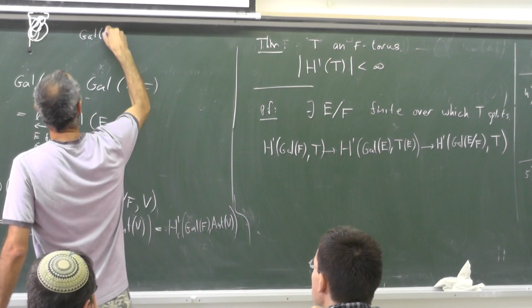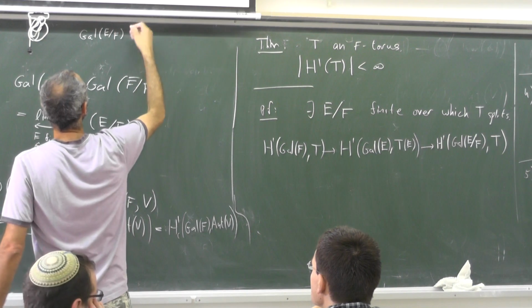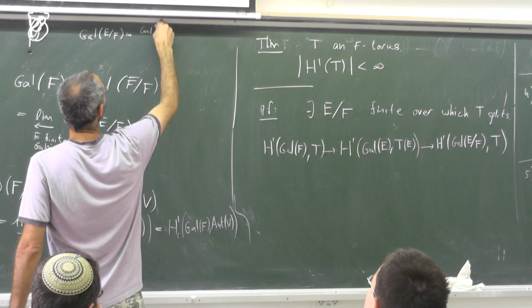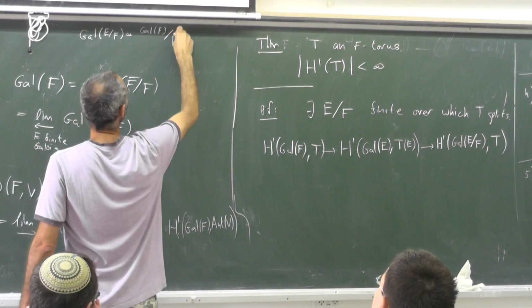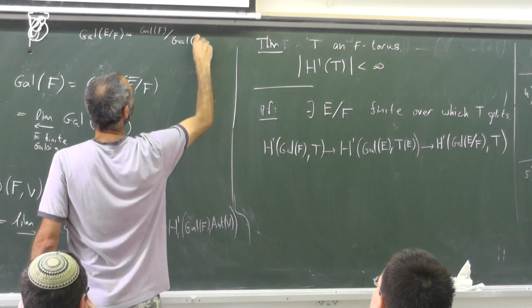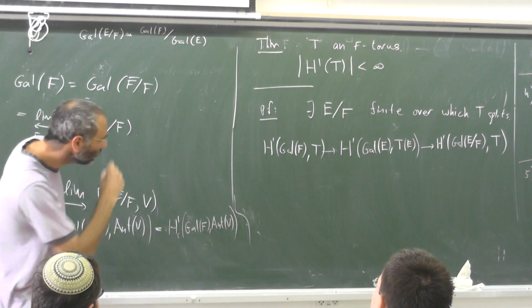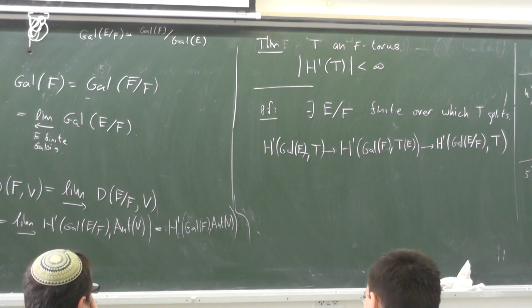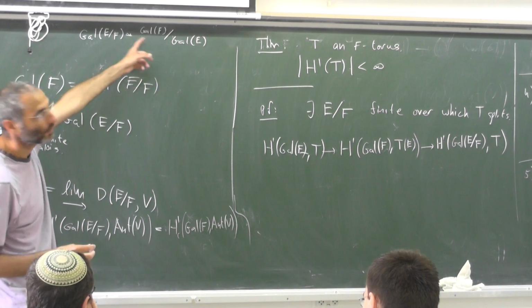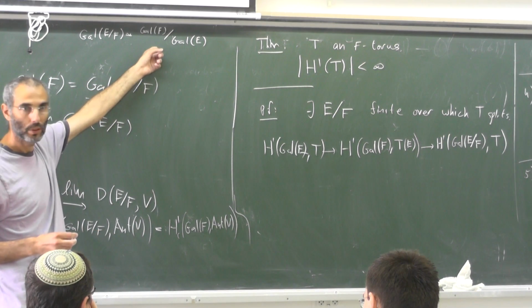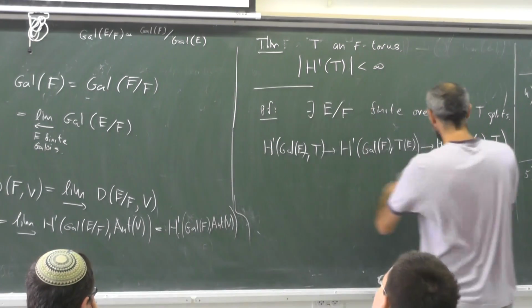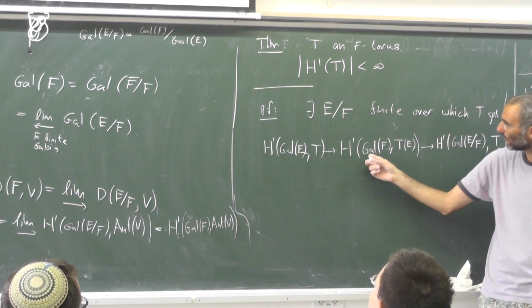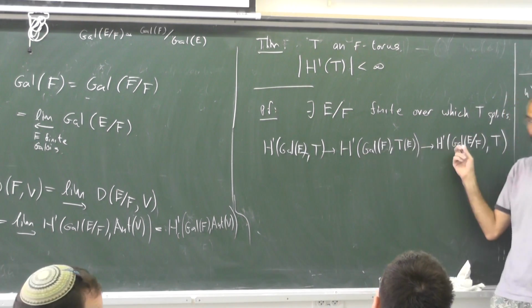Gal(E over F) is isomorphic to Gal(F). Got it, right? I was applying the relevant short exact sequences of groups. This thing, and this is exact. This is not the same exact sequence that I was using previously. I used the extension on the G level.